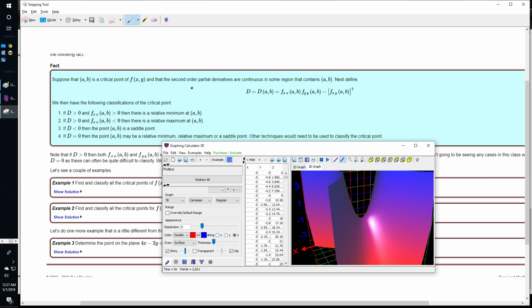Okay, so what this means is that x is going to be increasing. Wait, I forgot the intuition. I don't know, just memorize this. I don't have another video for this.